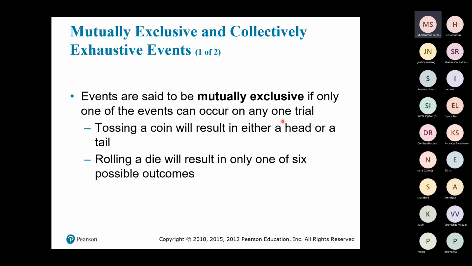Either it is a head or tail, or maybe you run an experiment. Either your experiment fails or succeeds. You can either get one positive or one negative. And then rolling a die will result in only one of the 6 possible outcomes.